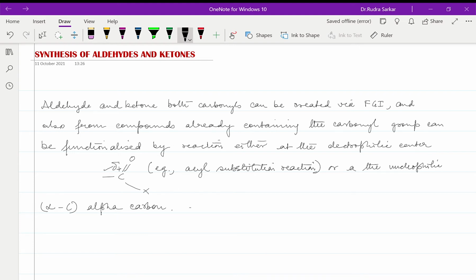And when I say this, I mean if this is your carbonyl, then this is your alpha carbon.